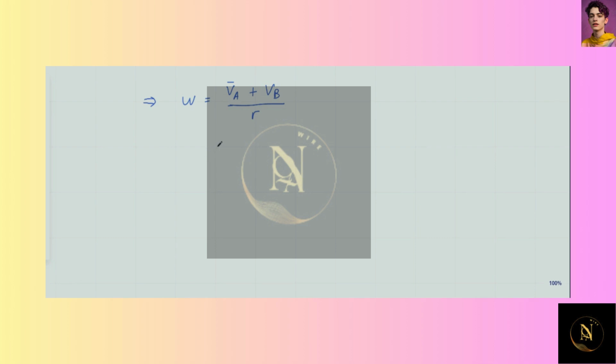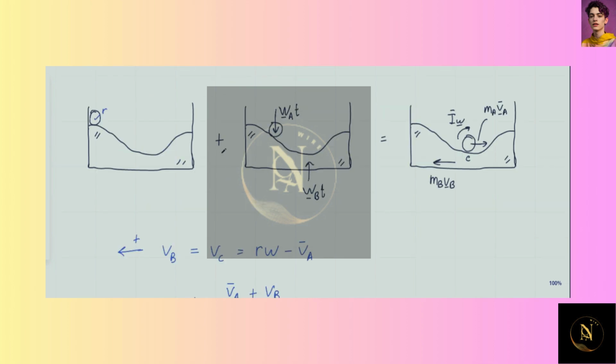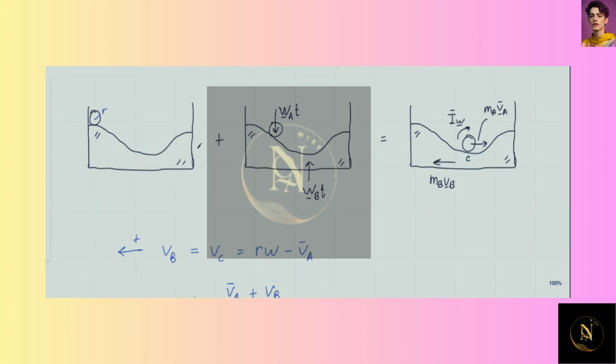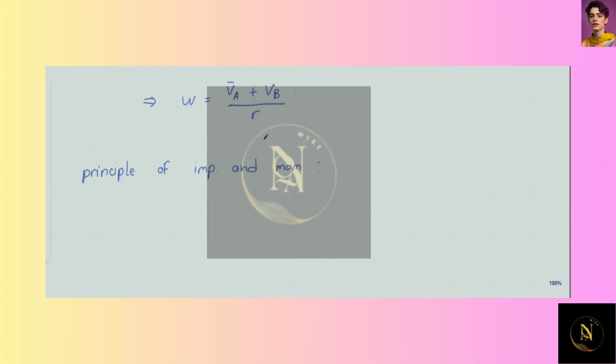Now, using our diagram and taking the principle of impulse and momentum, we can look at just the horizontal components, or the x components. We can ignore the y components.